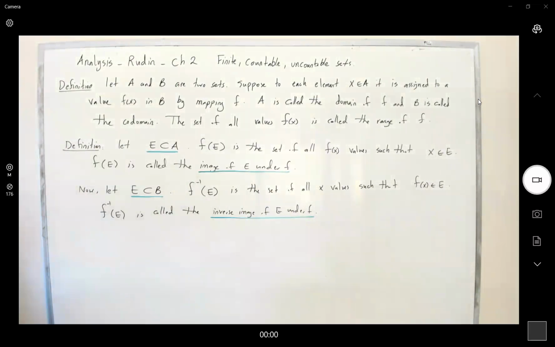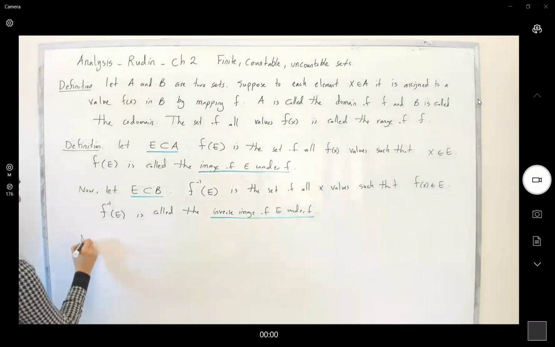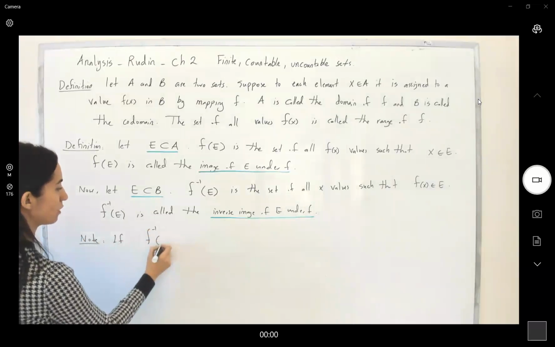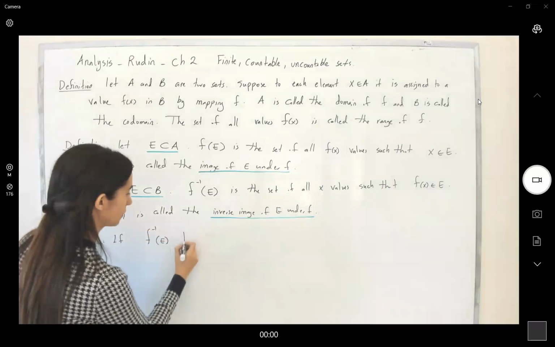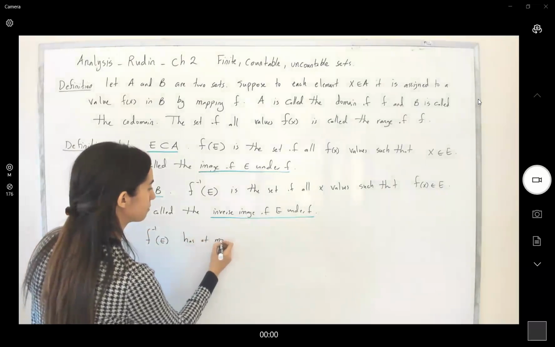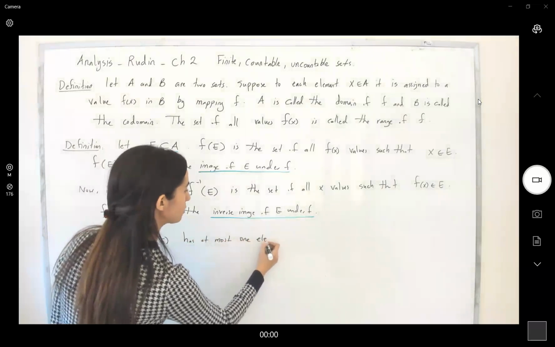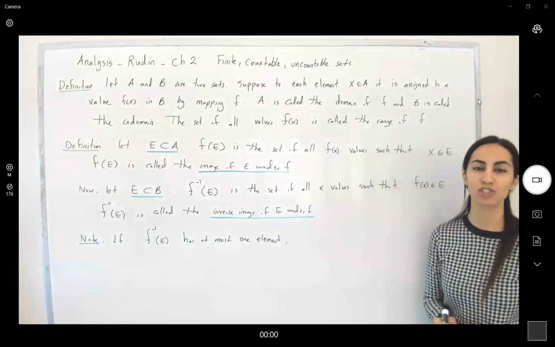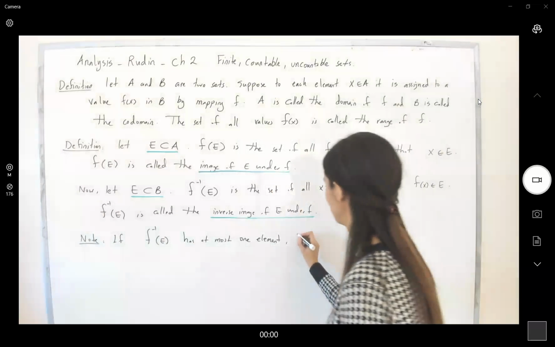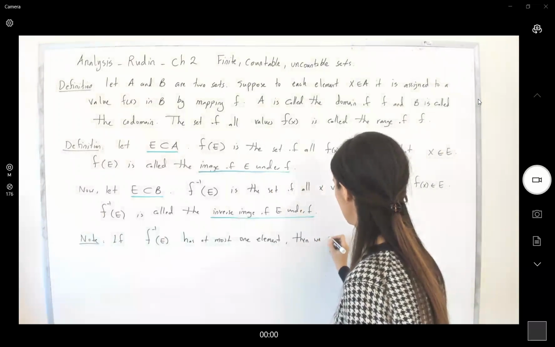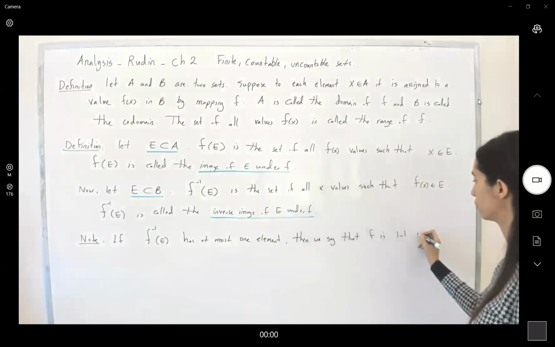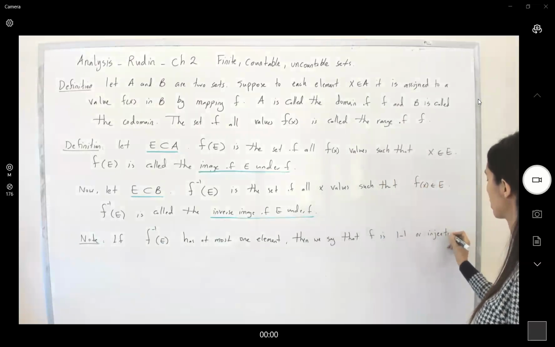Note that if the inverse image of a single point has at most one element, then we say that our function is a one-to-one function or injective function.